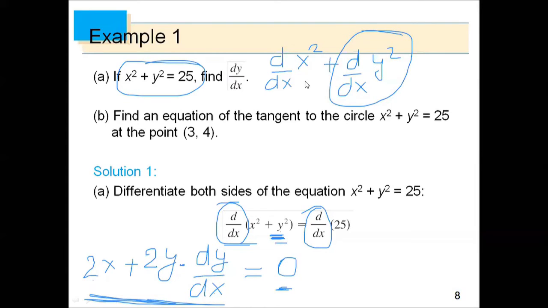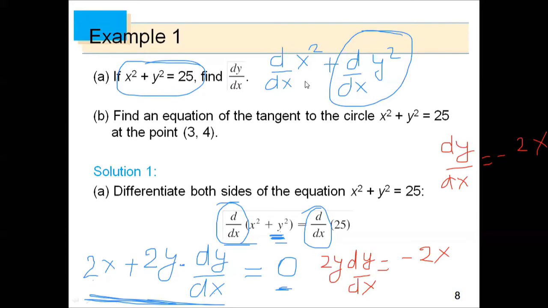So it will give me 2y dy over dx equals negative 2x, and then divide by 2y. So we have dy over dx is negative 2x over 2y. They cancel out, and we are left with dy over dx equals negative x over y.